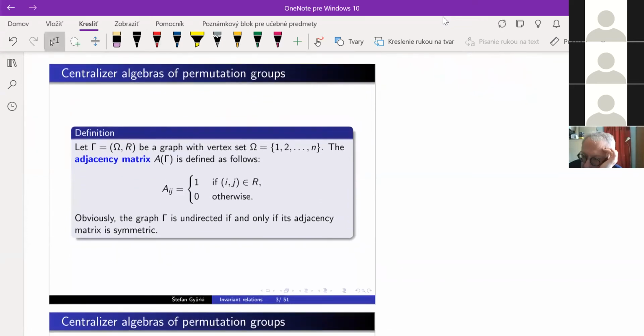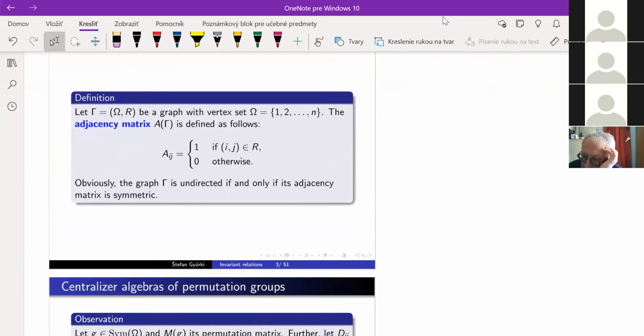And now we can also obtain matrices from graphs simply by assigning to a graph the adjacency matrix. I think this is already known for everybody. For example, if I have say this graph, then I can say by my matrix that the vertex 1 is joined to vertices 2 and 3.